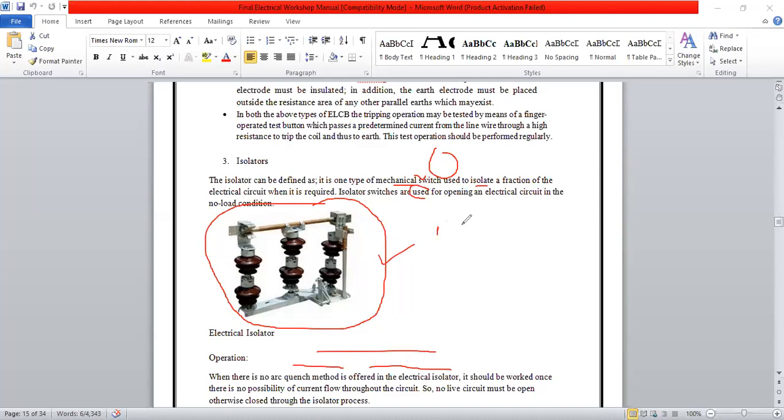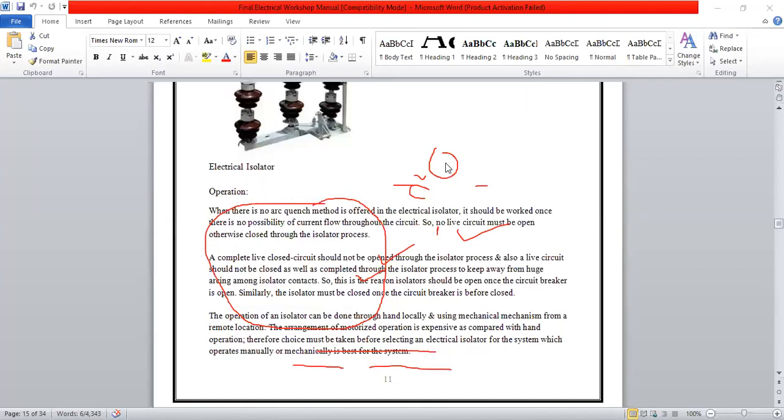So don't open the isolator in the loaded condition. We want to open the isolator in no load condition. Okay, so this is the electrical isolator. I think you have already seen this isolator in your substation.